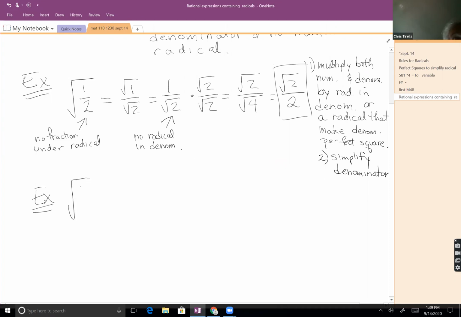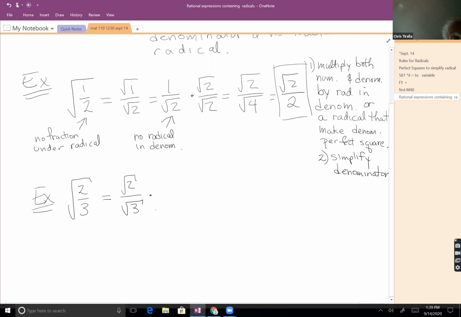If I have the square root of 2/3, first problem that arises is I have a fraction underneath. Before I do anything, can I reduce that fraction 2/3? I don't think so. So now I'm going to change that into the square root of 2 over the square root of 3. We're worried about the radical in the denominator. Numerator, I'm not going to worry about.